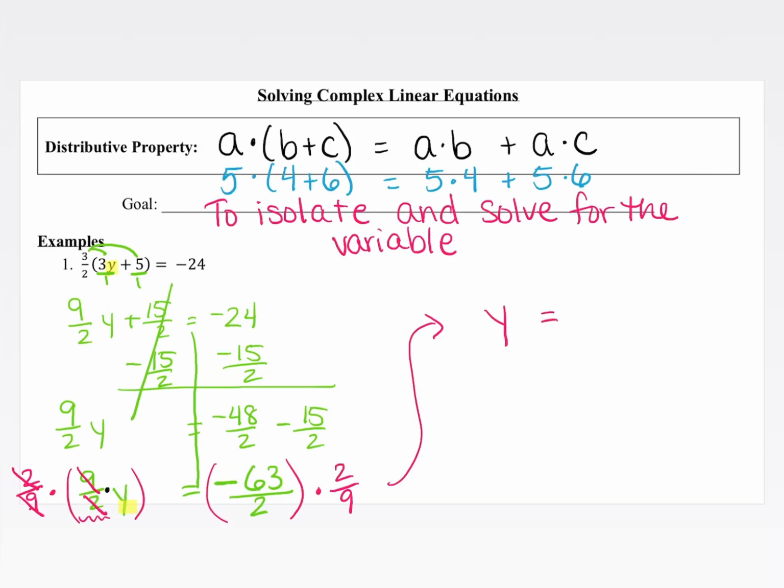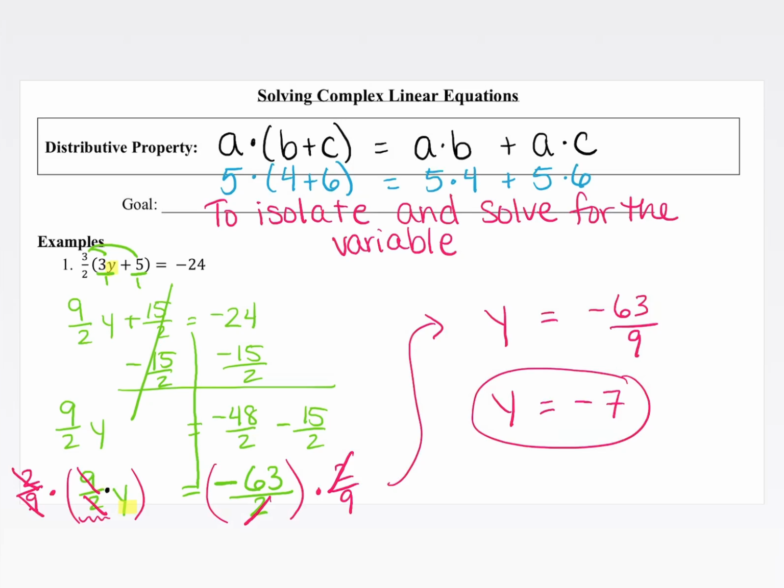On the right-hand side, we have negative 63 halves times 2 ninths. Again, we see a 2 in the numerator and a 2 in the denominator, so that simplifies. And we have negative 63 divided by 9, or negative 63 ninths. This is the same thing, if we simplify, as y equals negative 7. And there we go.